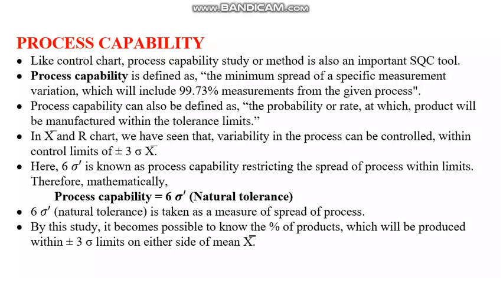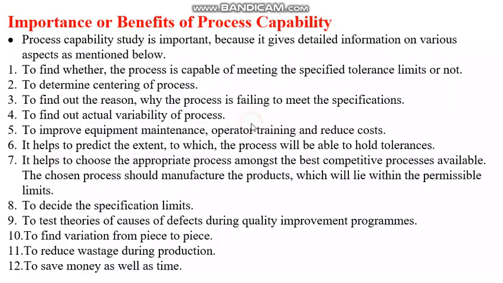So process capability means you can say that it is that spread of the variation in the measurements in which 99.73% measurements fall. So like that, this is the process capability.